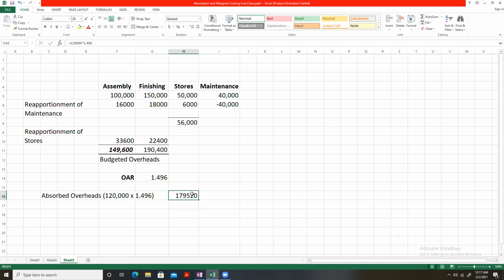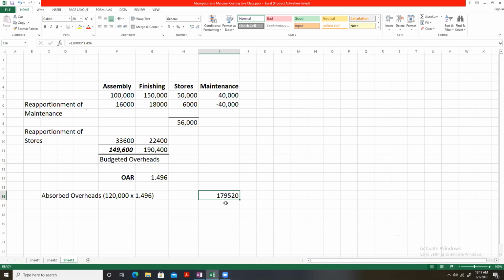This is the amount of overheads absorbed. So to find the over or under absorption, what do we need to subtract from this figure?